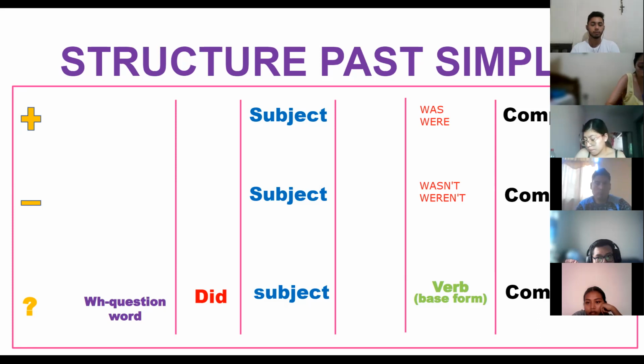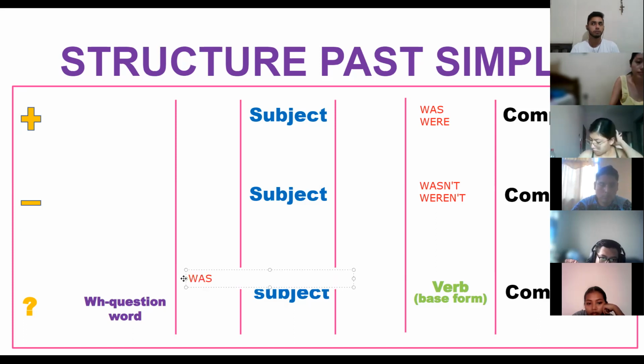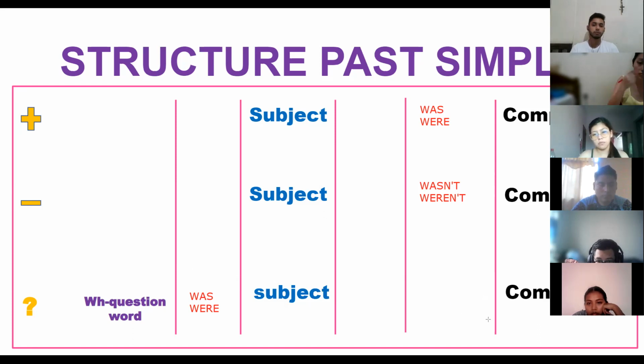El did por el was. Yes, we change this auxiliary verb for was or were, right? Very good. And we don't need another verb for the simple past. Okay, no necesitamos otro verbo para el pasado simple, solamente el verbo to be. Okay, any questions? Any doubts?